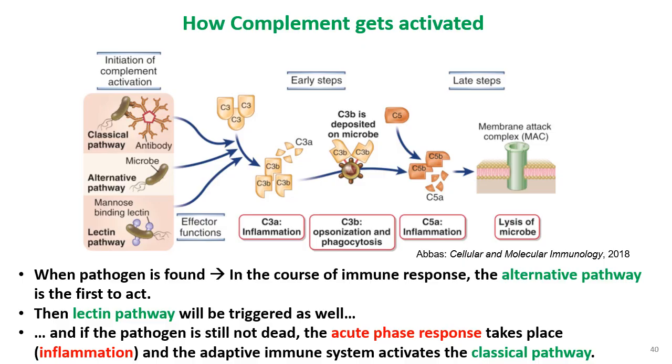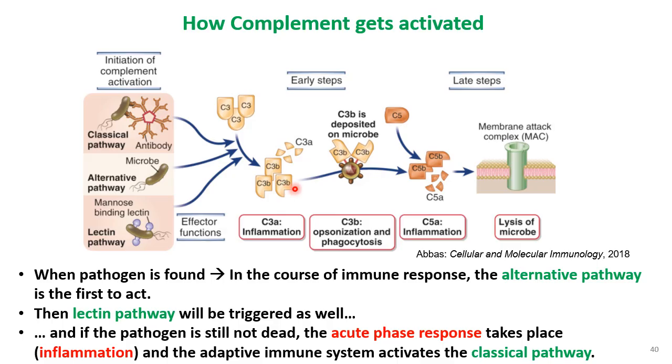So here is a little idea of, again, what is happening with the overall idea of your complement. You have C3 cleavage from the 3 pathways. C3a is going to cause inflammation, bringing chemotaxis.